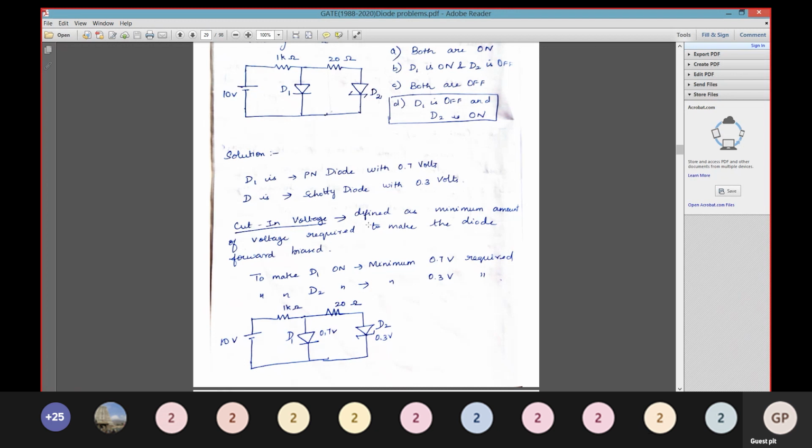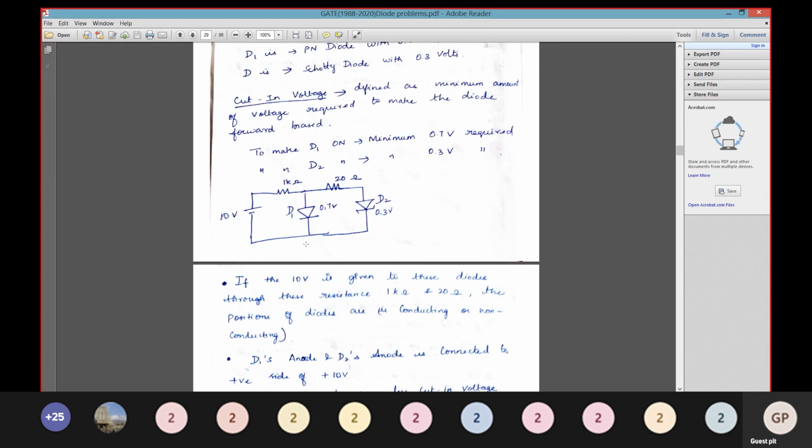It is the minimum voltage a diode needs to operate in the on condition. In order to turn the diode on, we need that particular voltage. For the PN junction diode, we need 0.7 volt to turn it on. For the Schottky diode, we need 0.3 volt to make it work.